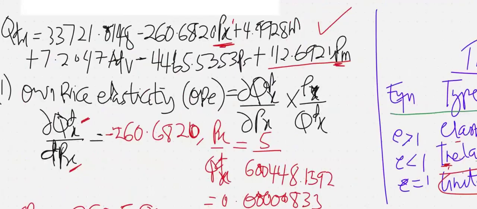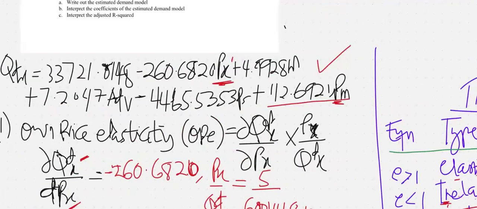Now we are on the M, because M also has an exponent of 1. So we write the coefficient of M as the derivative dQdx over dM. The M is right there, in the gold color. We write the coefficient of M, which is 4.9928, as the derivative.